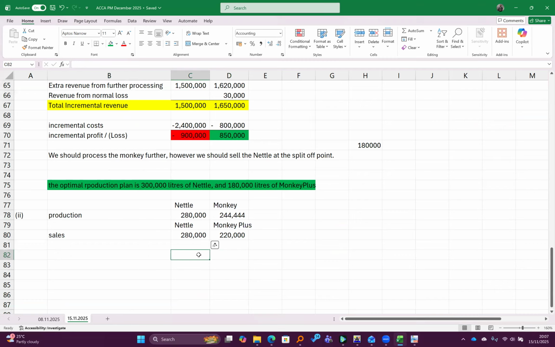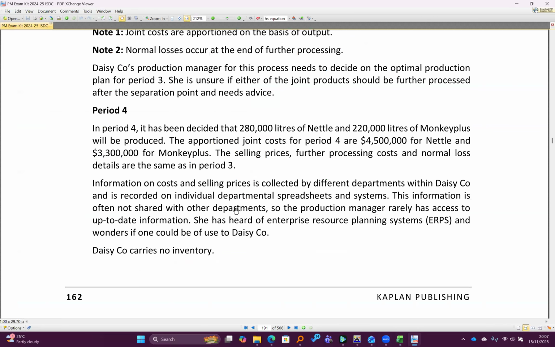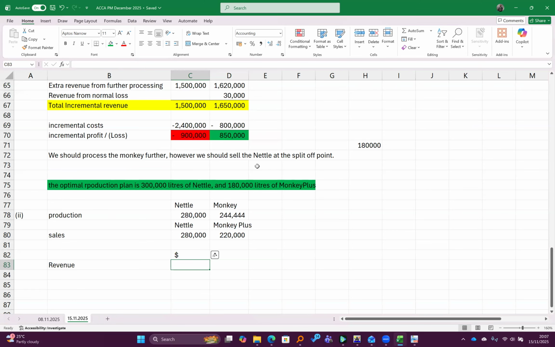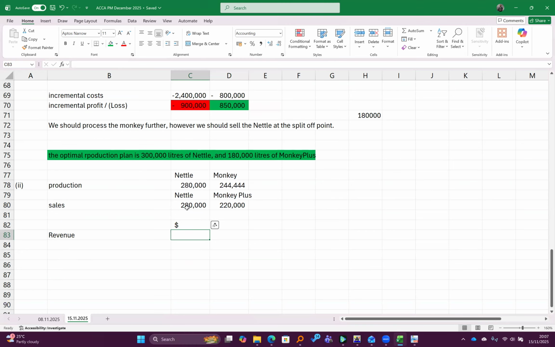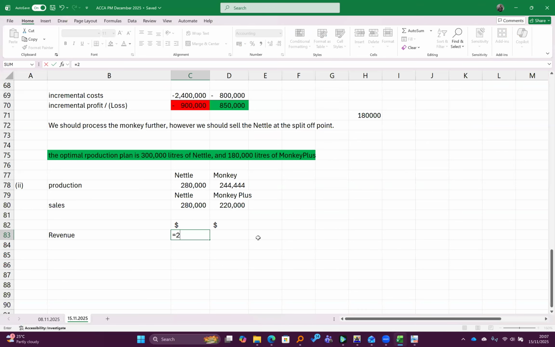So we are still going to work in dollars. So what's going to be my revenue? The plan is using the same selling price. So we are going to get the selling price of netto 20 multiplied by 280,000.